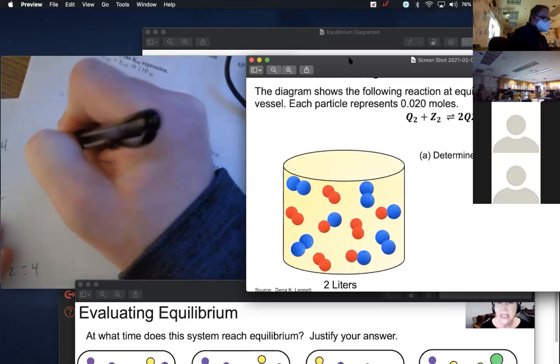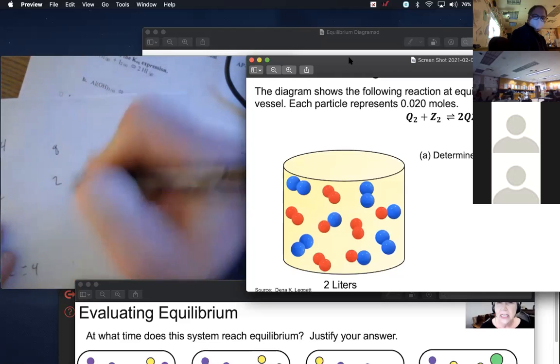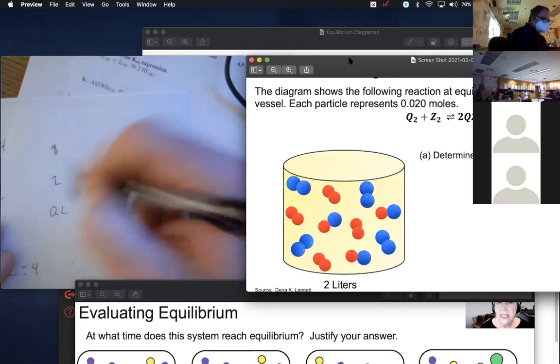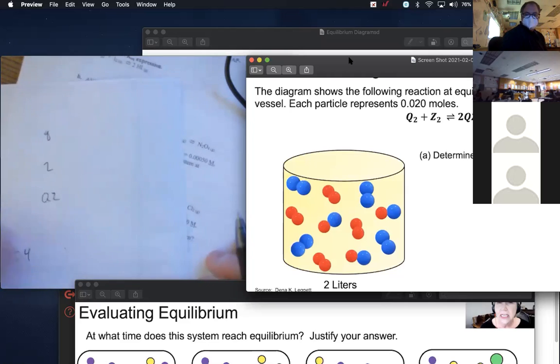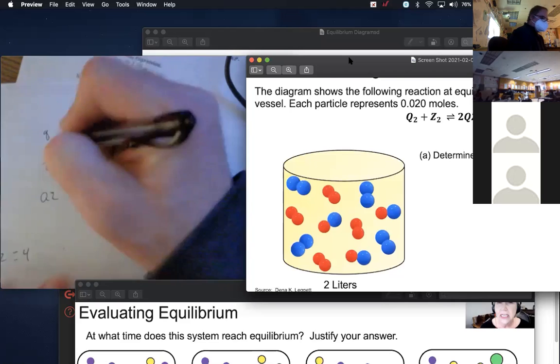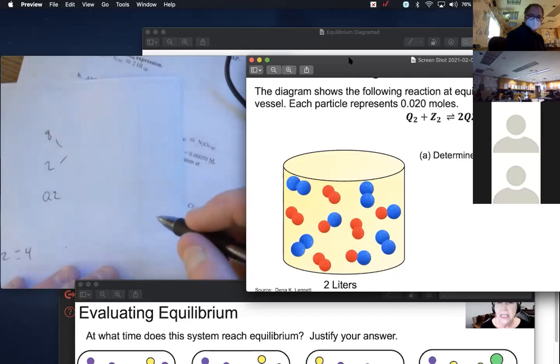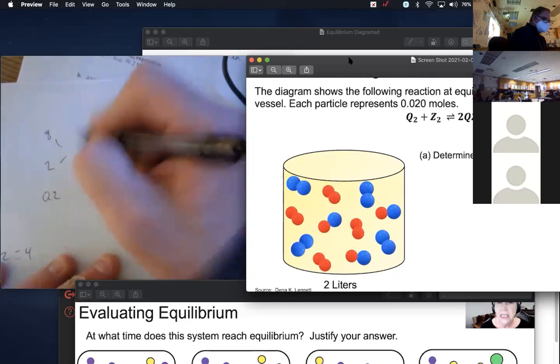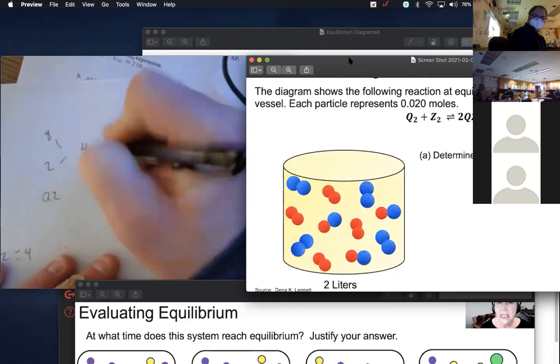Let's do Q, Z, and QZ. We can make the reds or the blues Q or Z because each of them have the same number, right? And there are 4 particles.